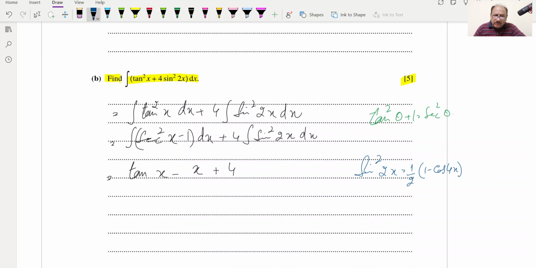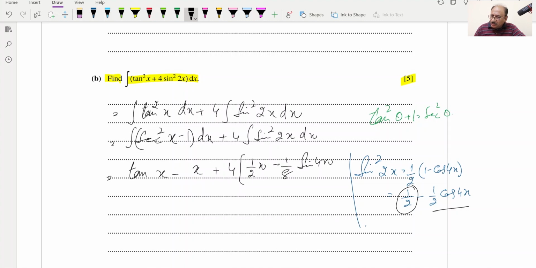By this one we can multiply, so this will be 1 by 2 minus 1 by 2 cos 4x, and we have utilized this result. Integral of 1 by 2 will be 1 by 2 x, and integral of the remaining part will be minus 1 over 8 sine 4x.